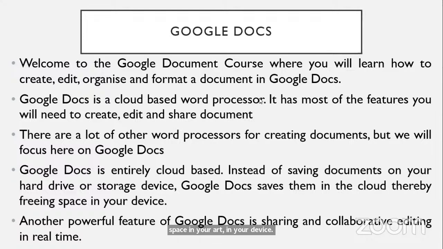Another powerful feature of Google Docs is the ability to share and collaborate on editing in real time. So this means that if you are a project team or you are in a newsroom, you can easily share and collaborate on documents, make comments, reply to comments, and so on.